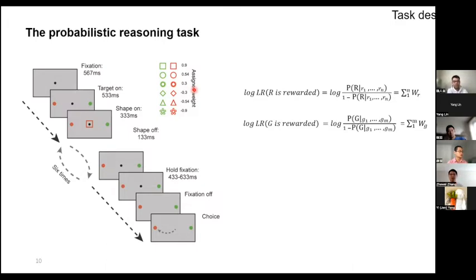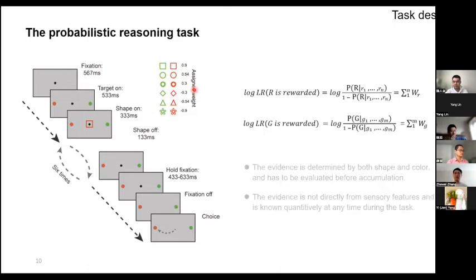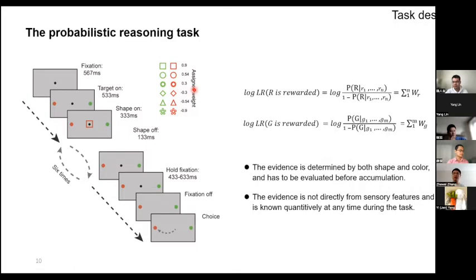Each shape was assigned a weight, the reward probability. But here, the reward probability of the red target is only controlled by the red shapes, and the reward probability of the green target is only determined by the presented green shapes. Consequently, whether a stimulus supports the red target is determined by its shape and color.